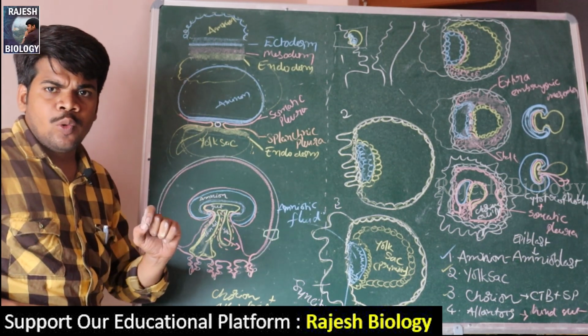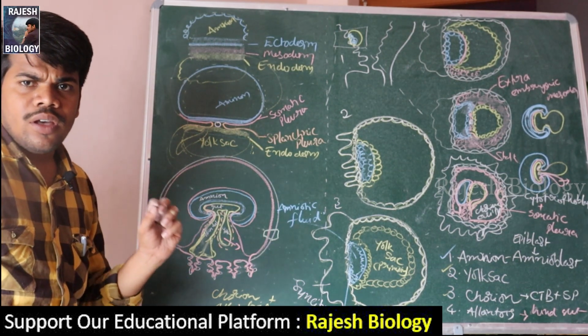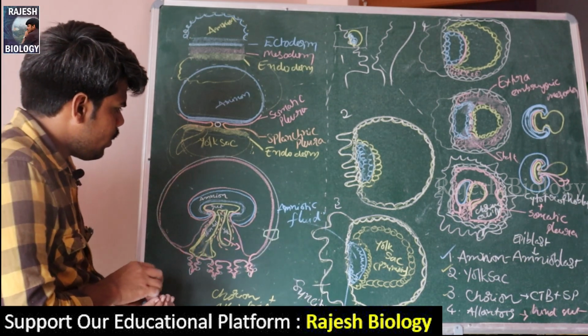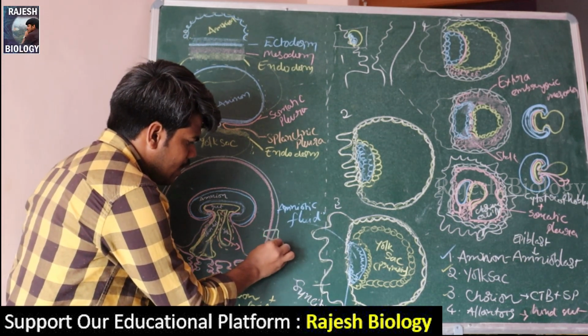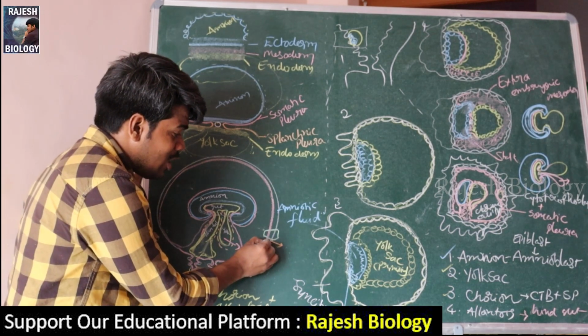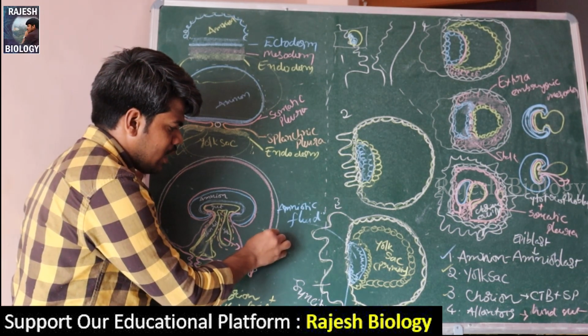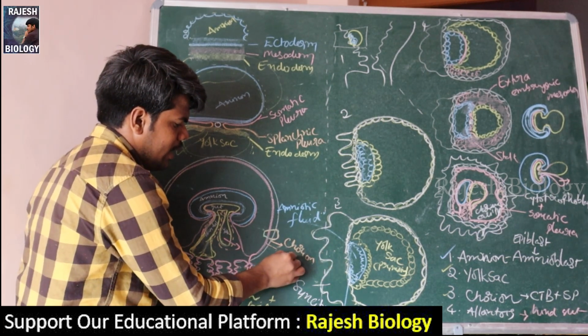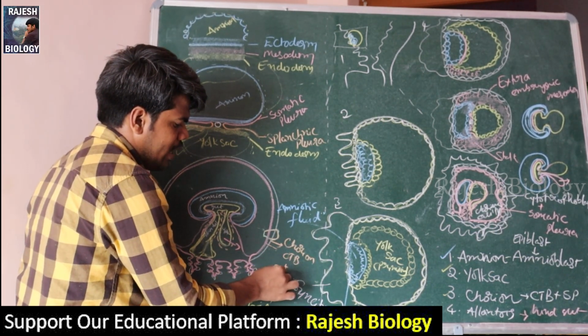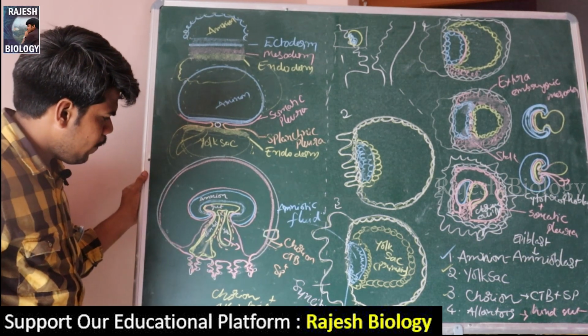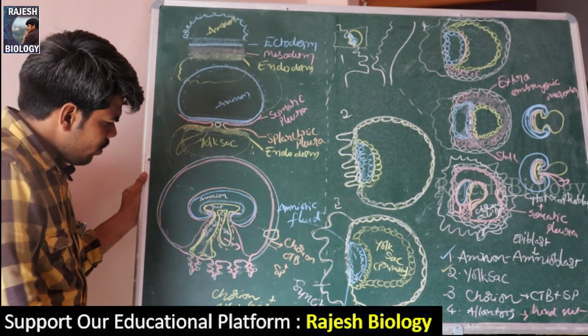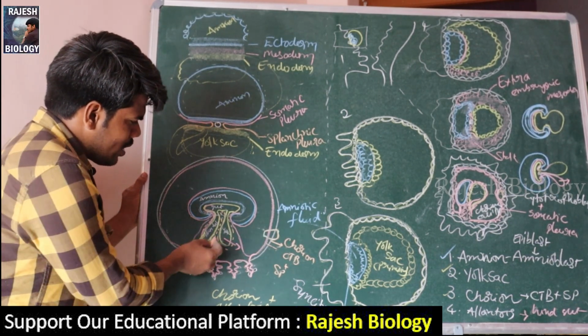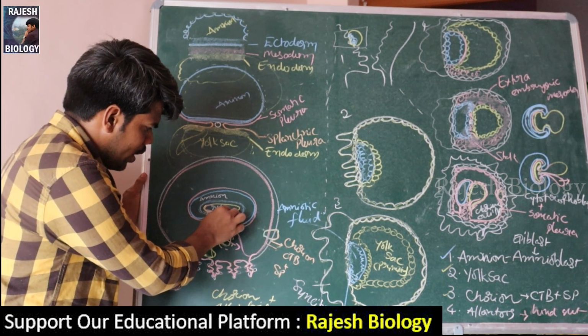Now, if you observe this diagram clearly, I would like to end this topic with a very interesting point. The cytotrophoblast and somatopleura together are called what? Chorion. Chorion is the cytotrophoblast and somatopleura. And the yolk sac is formed from the endoderm.